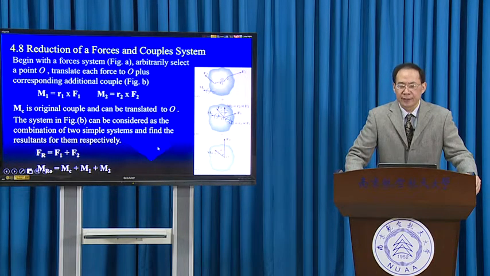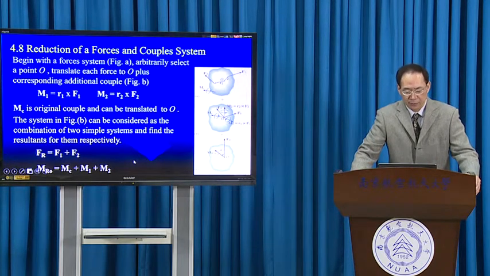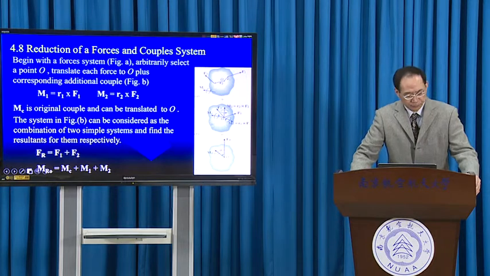And for the couple system, we get the resultant MRO, equal to the vector summation of all the additional couple moments and the original couple moment MC. So this is the intermediate result for reduction of the original force system.